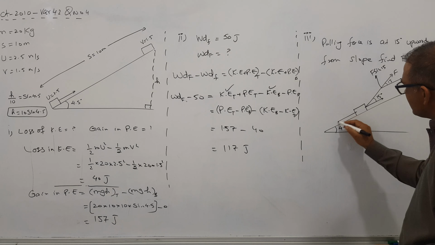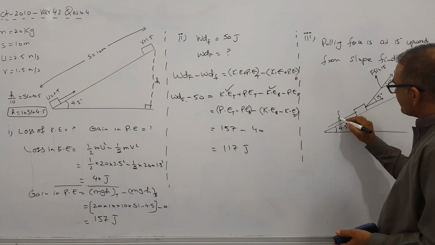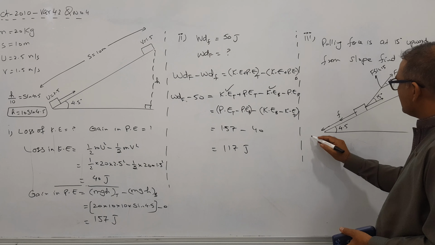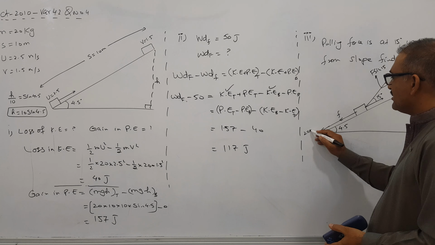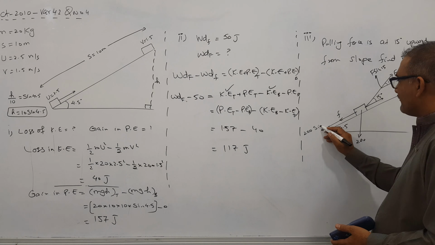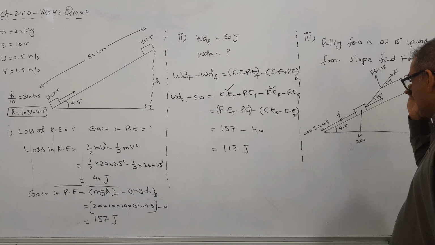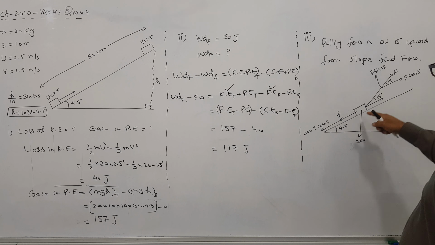And you know we have two things acting here: one is the friction force and one is the weight component. The weight is 20 times 10, so 200, and the weight component is 200 sine 4.5, acting downward, along with the friction force downward.